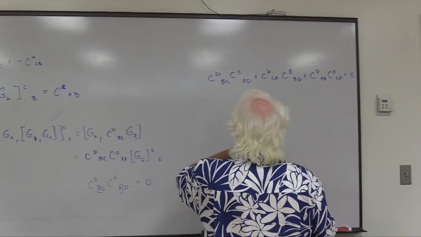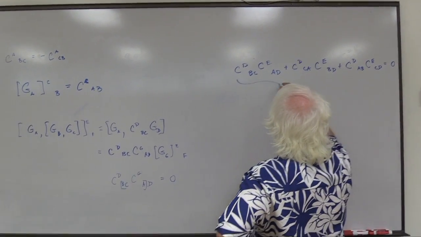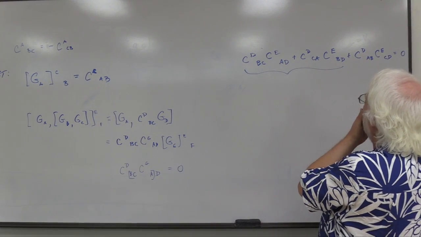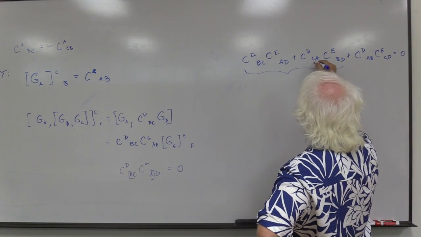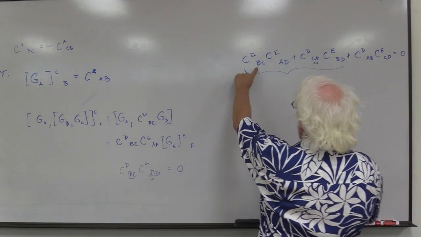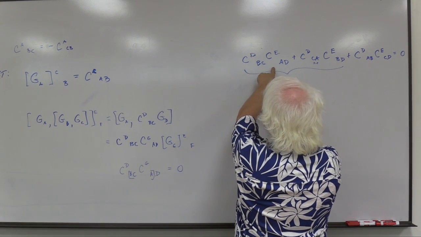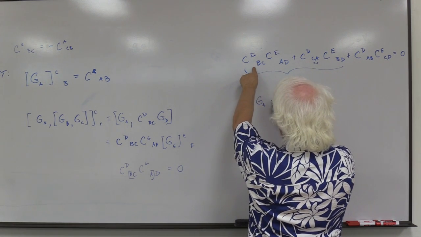But now I want to pair up these two. Right, this one, if I interchange here, I get a minus sign. So this one, I can write this as G_A times G_B.